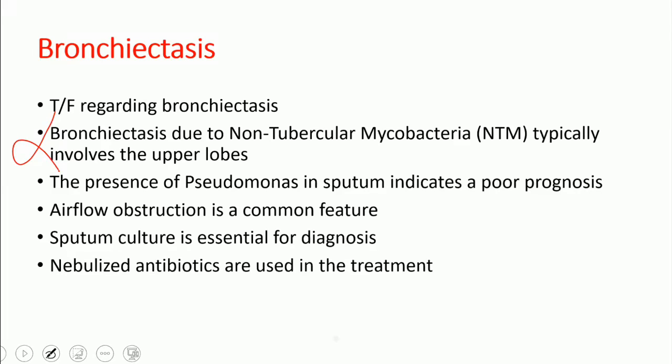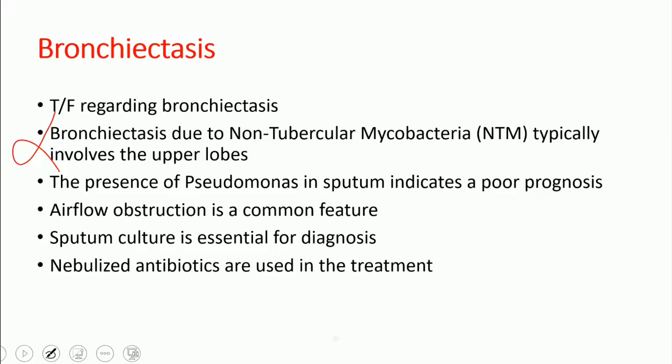Don't ask me why. Now, when we were talking about pneumonia, I told you that patients with structural lung disease have a higher incidence of pseudomonal infection. And the problem with patients with bronchiectasis is that they are often colonized with pseudomonas, right? And this colonizer can frequently cause infection.